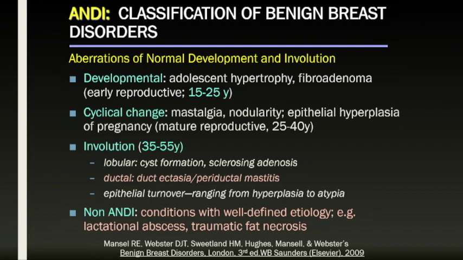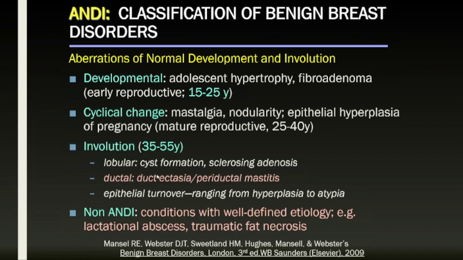Then cyclical changes of the adult during the reproductive years from 25 to 40, breast pain, nodularity, epithelial hyperplasias of pregnancy as the breast enlarges under endocrine stimulation. Involution, I am sorry to tell you, begins at the age of 35 and continues on for another 20 or 25 years with all of these structures within the breast affected.